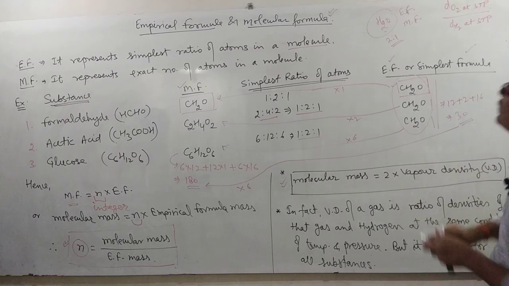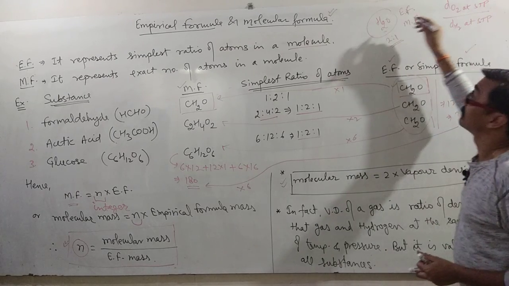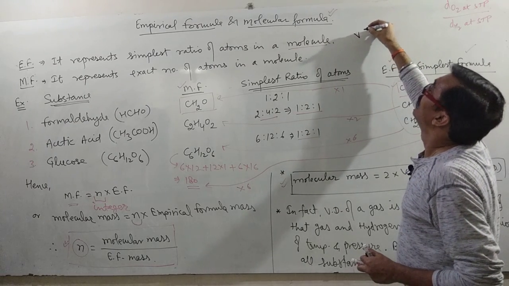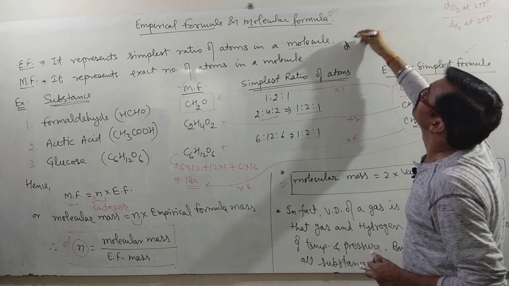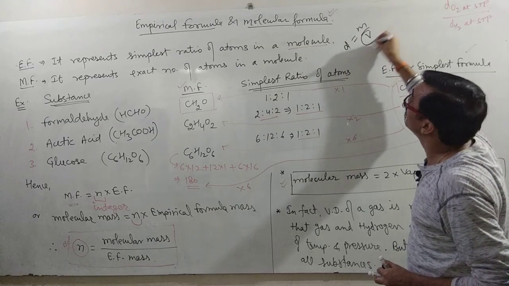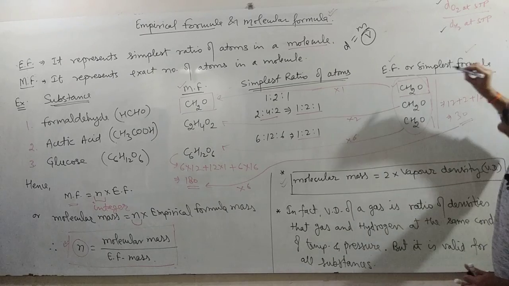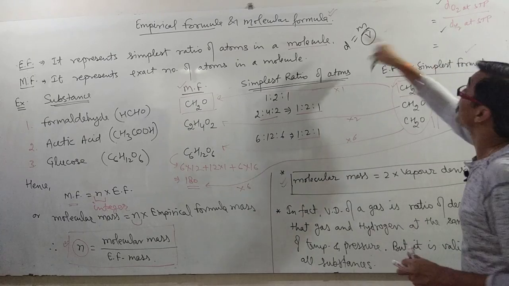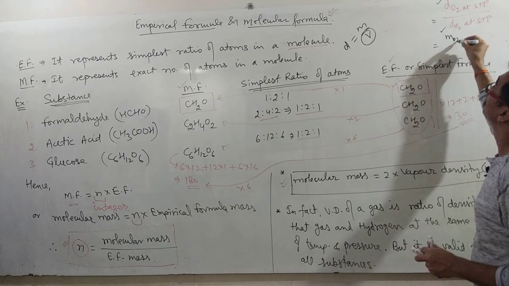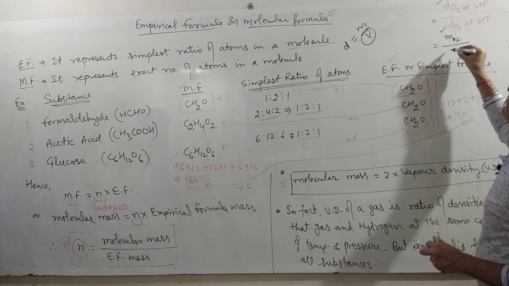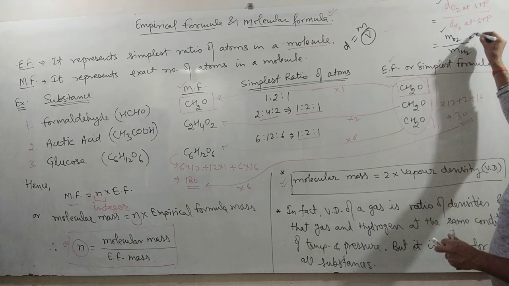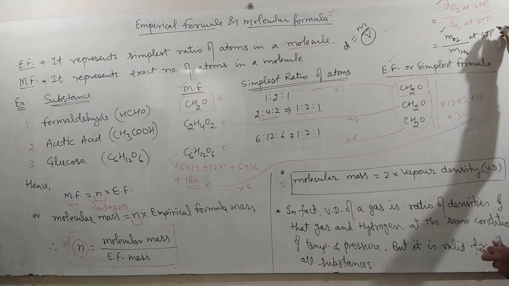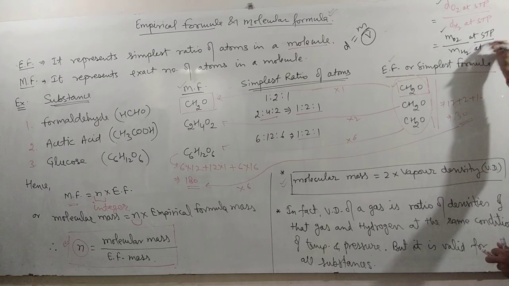Now we can say that if the volumes are similar, then since density is equal to mass by volume, and the volumes of O2 and H2 are similar, it is also the ratio of the mass of O2 divided by the mass of H2 at STP.